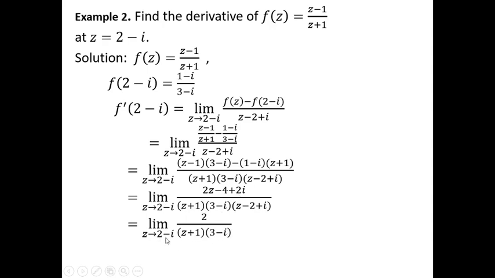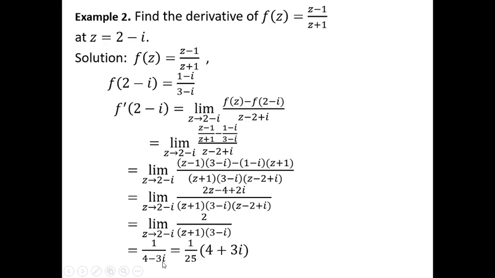Now substitute z = 2 minus i. When we substitute z = 2 minus i, we get 1 divided by 4 minus 3i. Here we need to express it in the complex form, that is a plus ib or a minus ib form. But here i is in the denominator. Therefore apply rationalization. Here the rationalization term is 4 plus 3i.